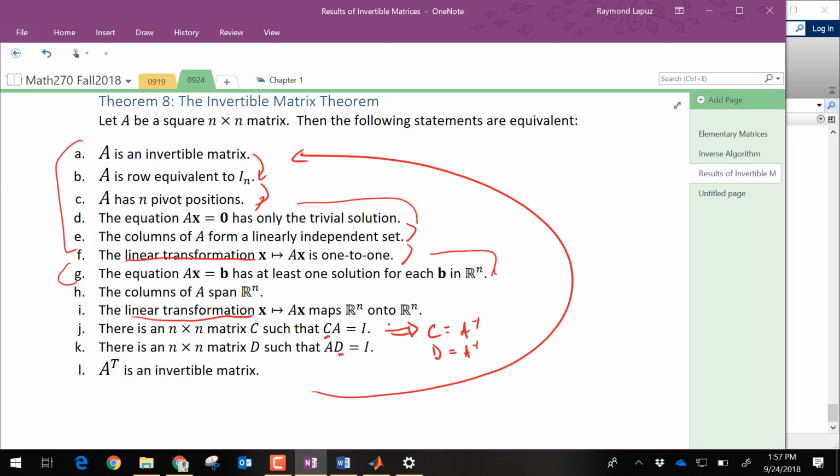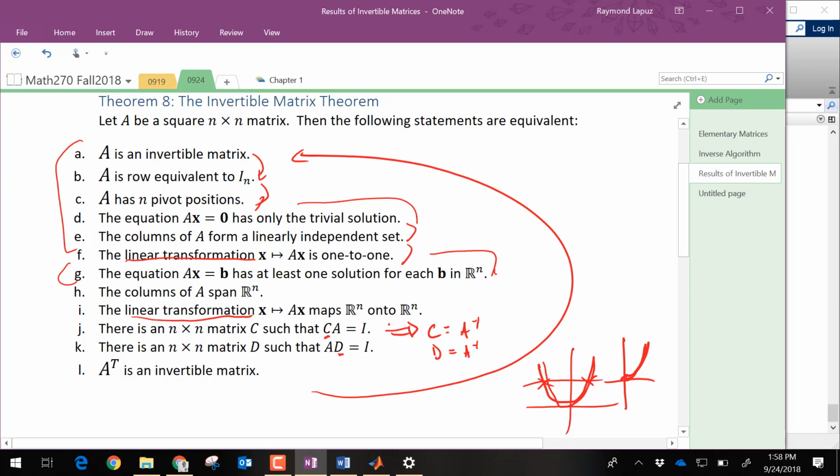parabola, right? The parabola is not a one-to-one function. But if you cut that in half and just take a look at half of this, now it becomes a one-to-one function, right? The original parabola doesn't pass the horizontal line test, so it's not a one-to-one function.